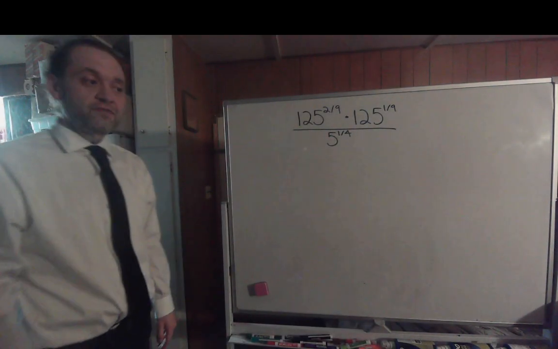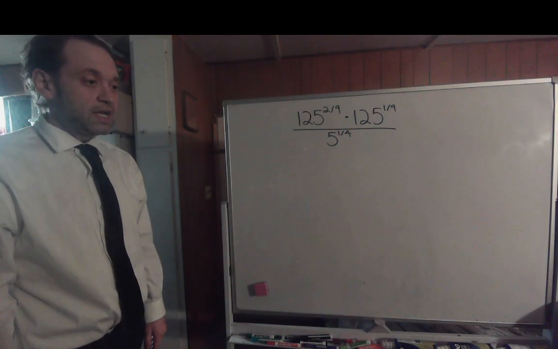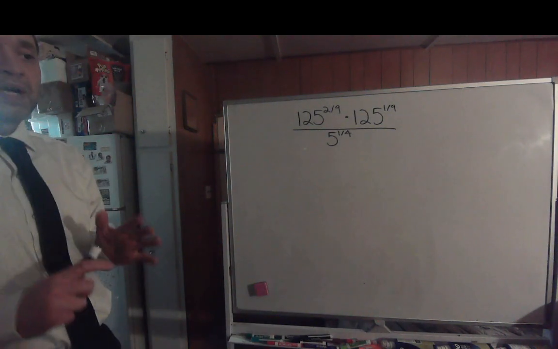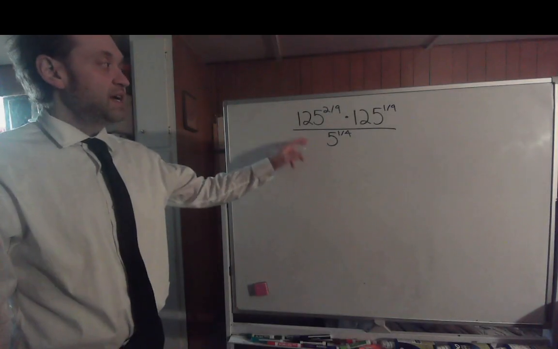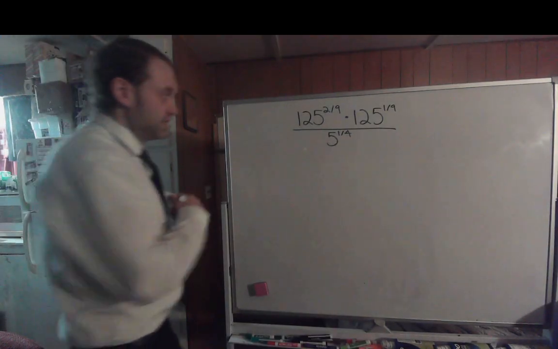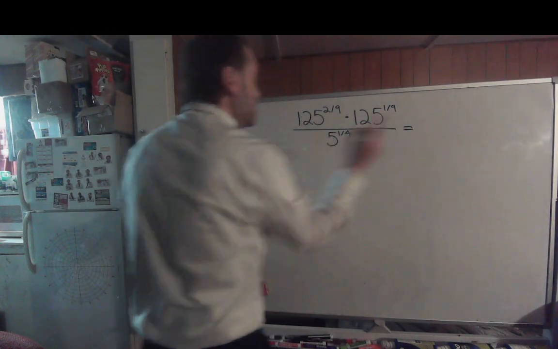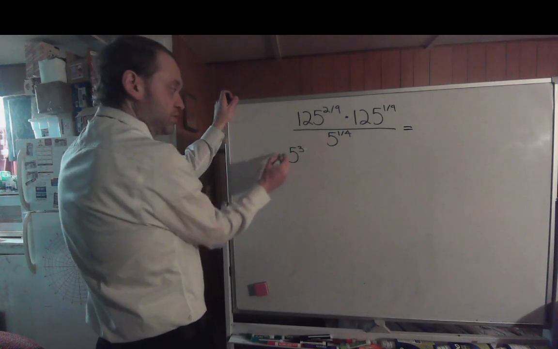Again, it looks like different bases, doesn't it? Well, ask yourself if there's a way to make these the same base. Does 5 to any power equal 125? It certainly does, 5 to the third, right? If we take 5 to the third power, we get 125.